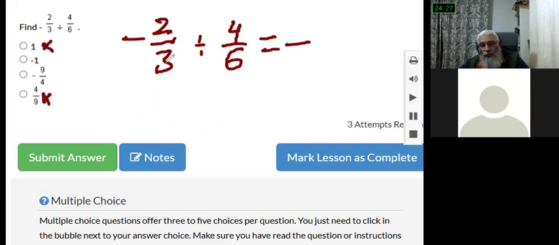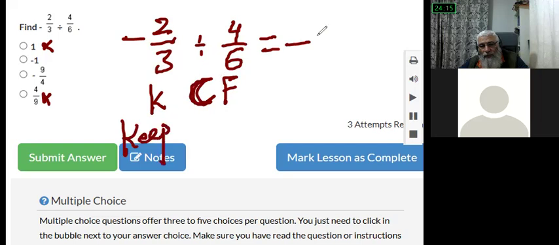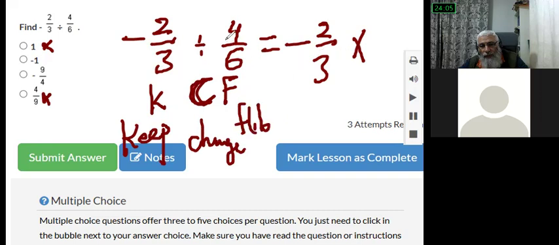Now, if you divide, we use the rule keep, change, flip. In division of fractions, we keep the first fraction as it is, change division to multiplication, and flip the last fraction, which is 6 over 4.